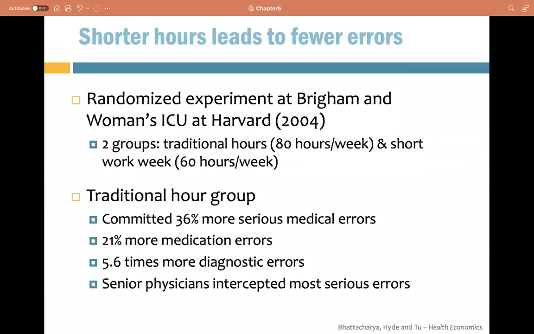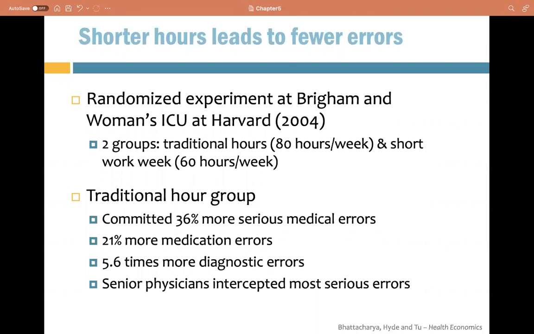So here you go. We have our randomized controlled trial, or RCT. This experiment was run in the women's ICU at Harvard in 2004. They have, of course, a treatment and control group. The control group is traditional hours, 80 hours per week. The treatment is the short work week, 60 hours per week.